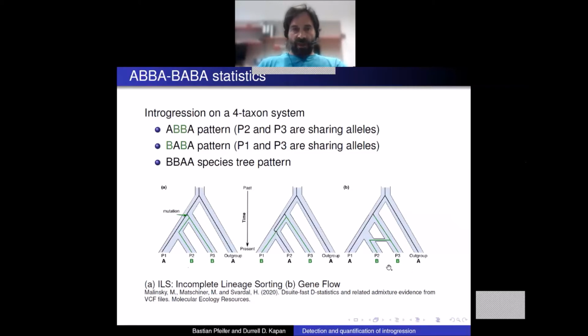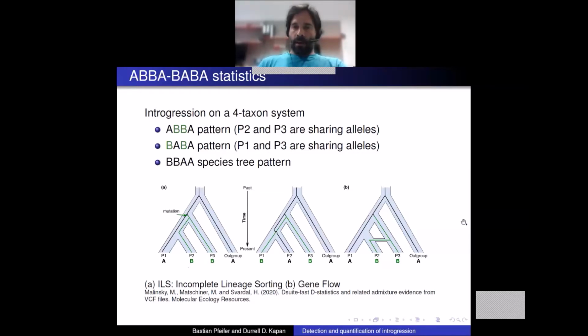But this pattern, in fact, can also be created by neutral signals like incomplete lineage sorting. Here in panel A, you see that ILS can produce basically the same pattern, ABBA, and also other patterns can easily be created by incomplete lineage sorting.